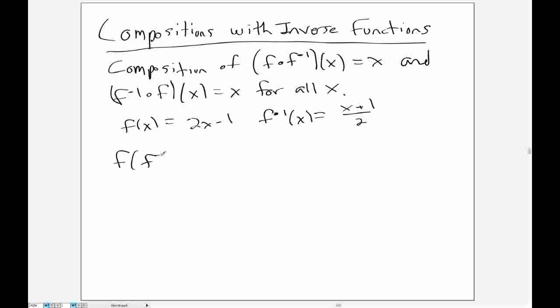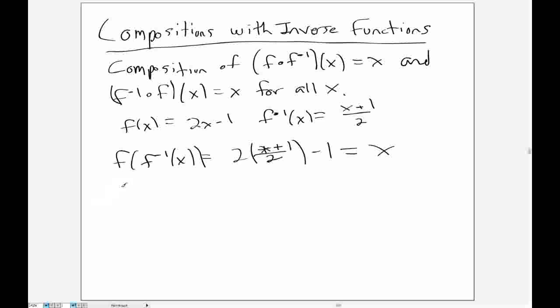f of f inverse of x will equal 2 times (x plus 1) divided by 2, minus 1, which, doing the basic algebra there, we see comes out as x.